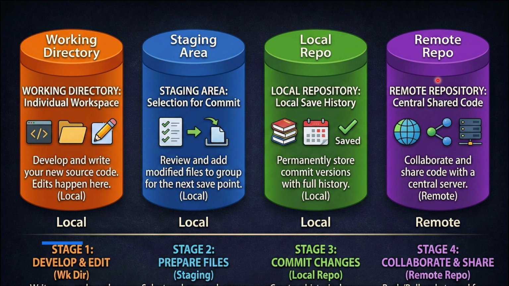Now we have the fourth stage, the remote repo. When you want to collaborate with other team members, you need a remote repository like GitHub, GitLab, or Bitbucket. These are cloud platforms where you have a shared central server.